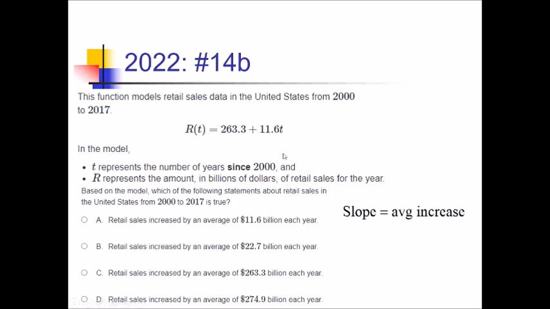Since this is in mx plus b form, the slope is just the number next to your variable. So that's 11.6 in this case. That means our sales are increasing by an average of 11.6 billion per year, which is choice A.